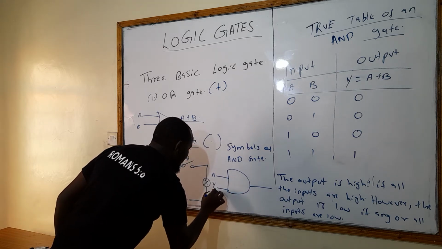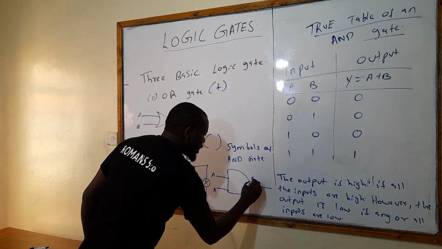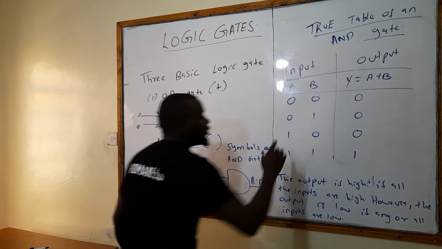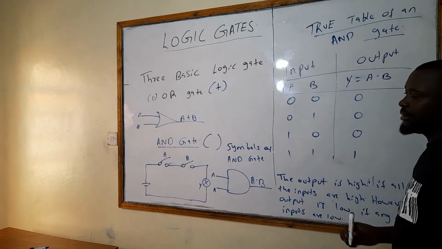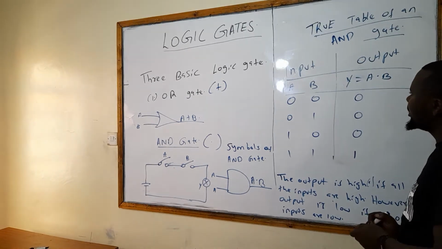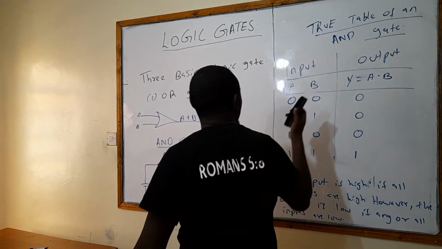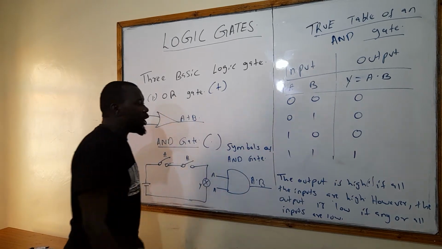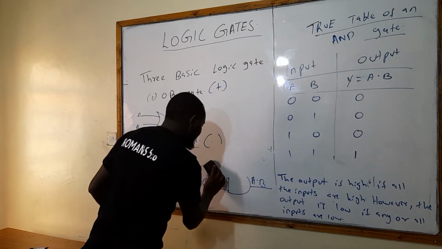So this one is A and B, and this one is A dot B. It has a multiplication operation.